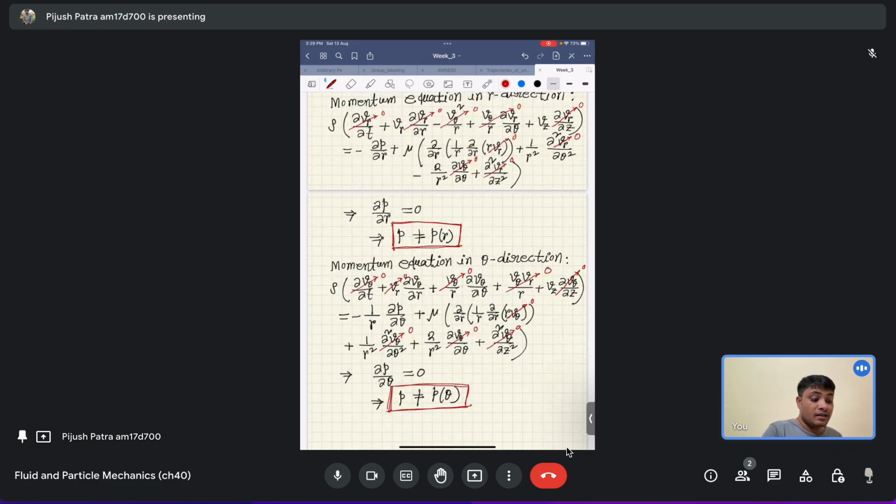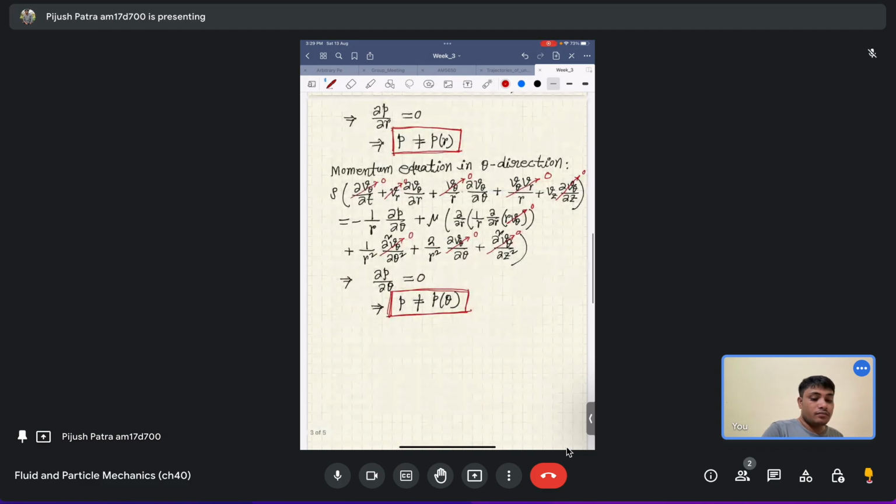We will see the momentum equation in the z direction, and we will see again that the left hand side of the Navier-Stokes equations is 0. So for fully developed flow, the velocity profile will not change along the flow direction, and that means the left hand side of the Navier-Stokes equations is trivially 0.